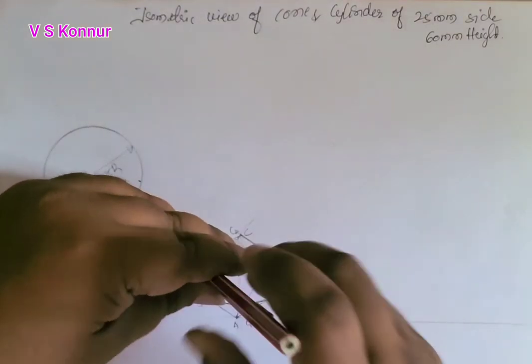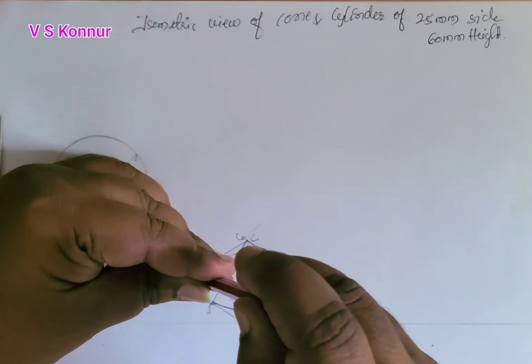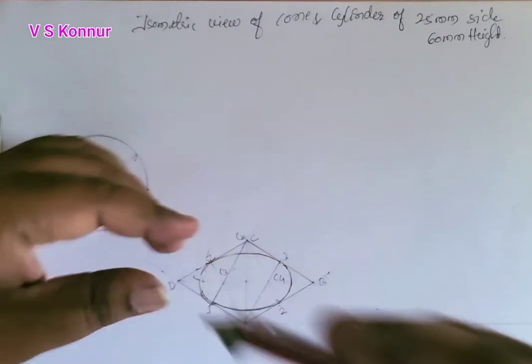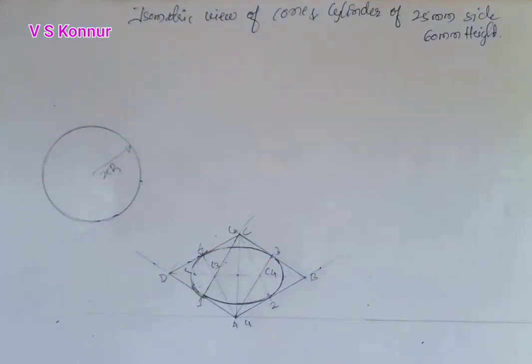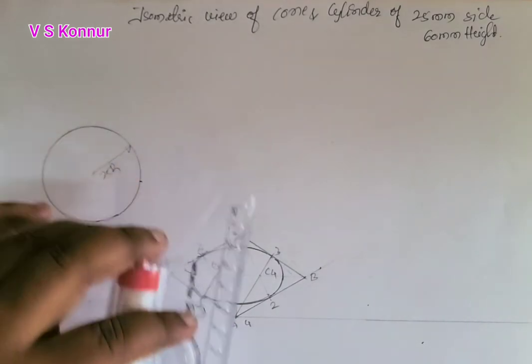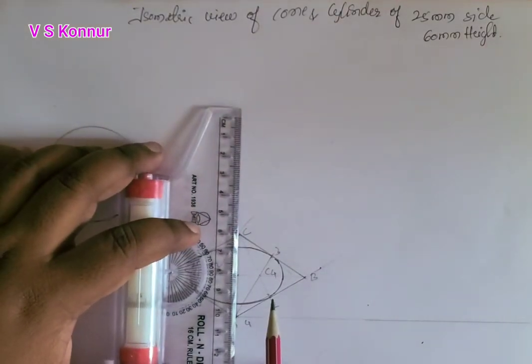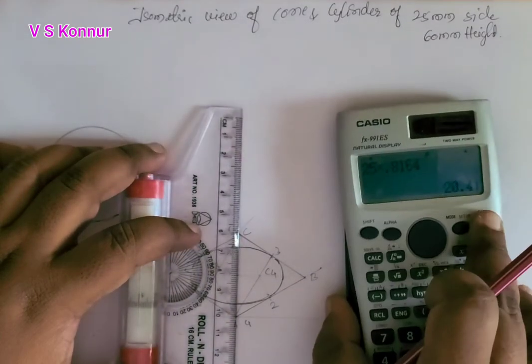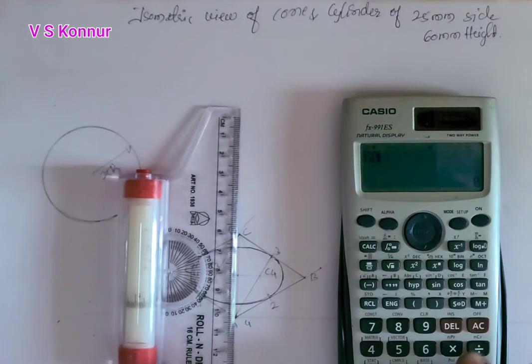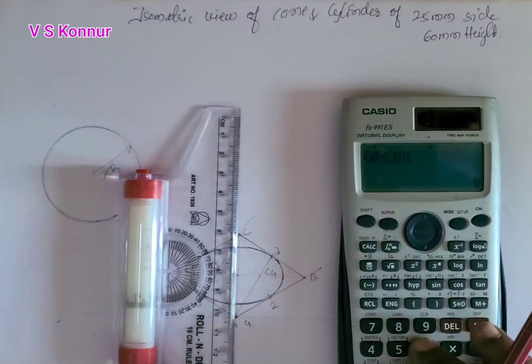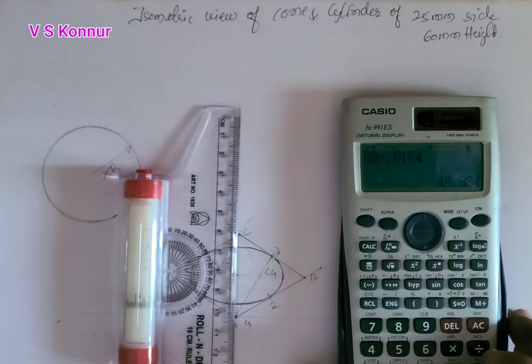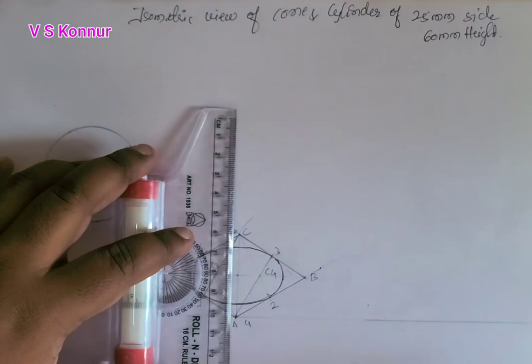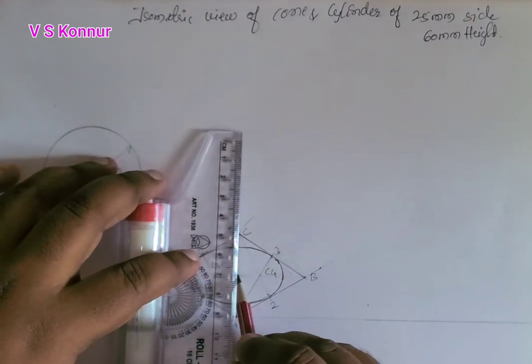For the top side, once again you have to transfer the plate. Right, exactly, we got it. Now we'll draw the height. So height is 60 millimeter. That height I have to convert into isometric. So we'll get 48.9, which is nothing but 50. From the center I will take 50 millimeter.